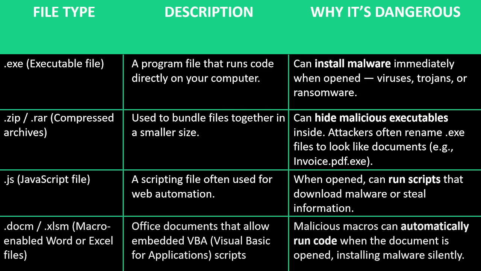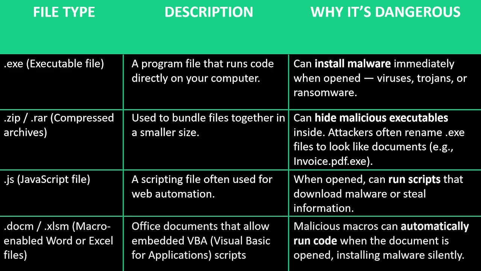Attackers often rename .exe files to look like documents, for example invoice.pdf.exe. Then you have .js, a JavaScript file, a scripting file often used for web automation. When opened, it can run scripts that download malware or steal information. Then finally you have .docm or .xlsm, macro enabled Word or Excel files.